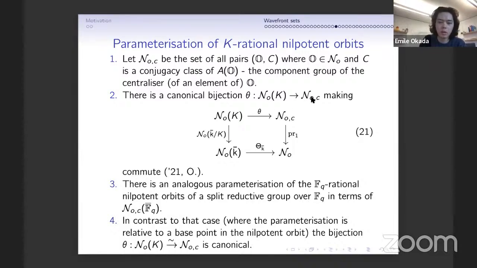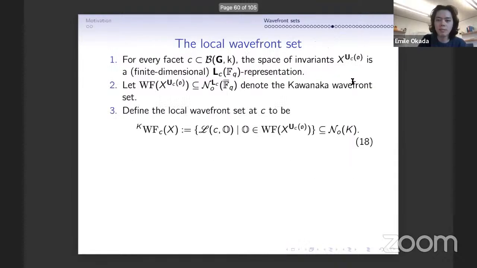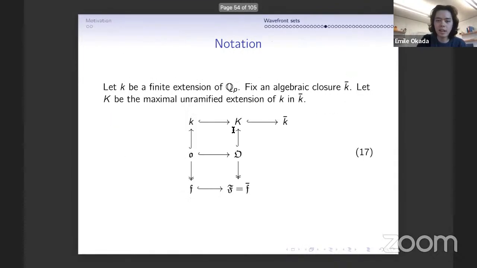There's no choice involved. Could you please remind the notation, what does big K mean? Oh, yes. So big K is the maximal unramified extension. It fits into this diagram. It's the one where you adjoin all the roots of unity of little k. I see.